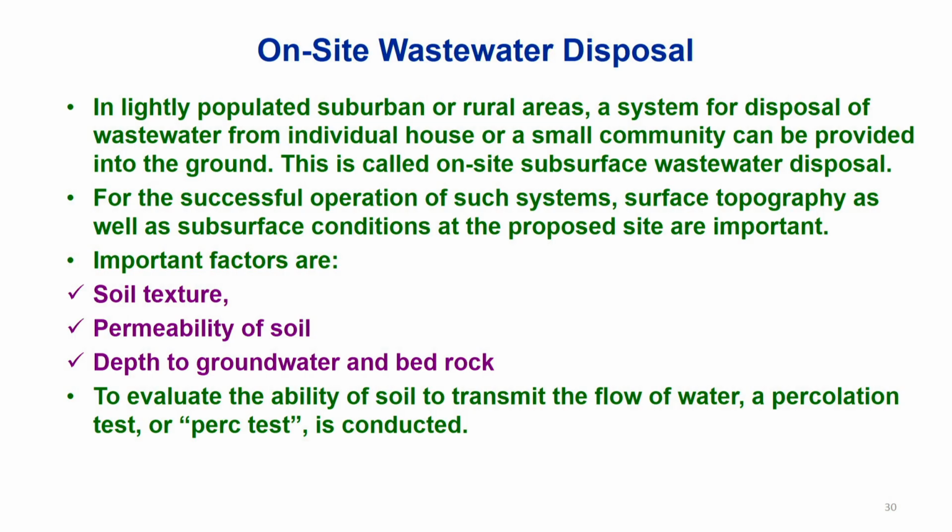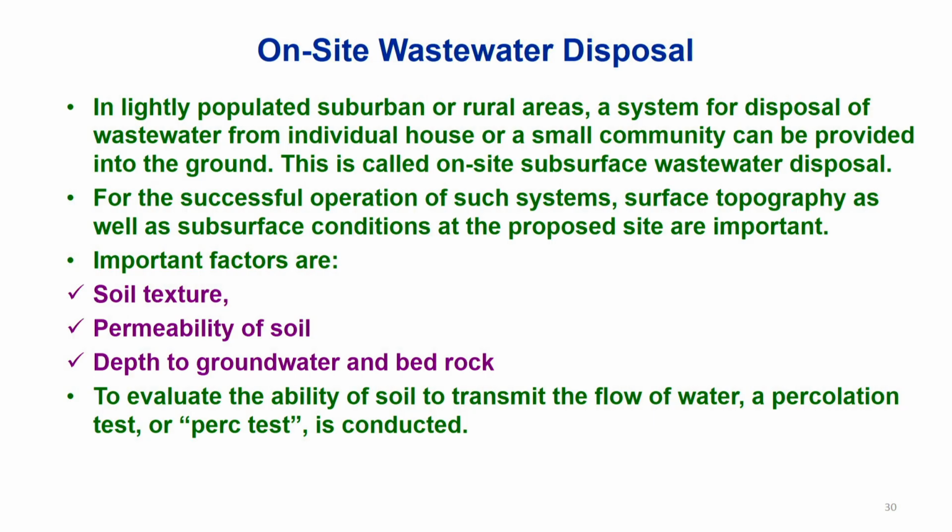One of the very old and widely used methods is on-site wastewater disposal. The wastewater or sewage produced from our homes is treated in septic tanks. In lightly populated suburban or rural areas, a system of disposal of wastewater from individual houses or a small community can be provided in the ground. This is called on-site subsurface wastewater disposal. The important factors are soil texture, permeability, and depth of groundwater and bedrock.